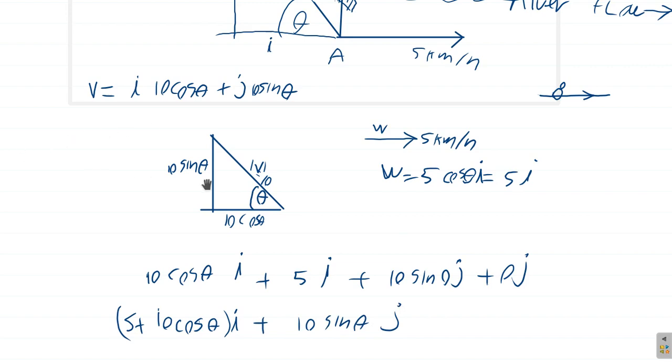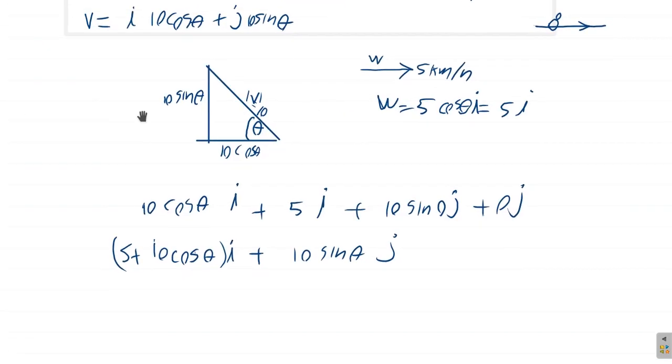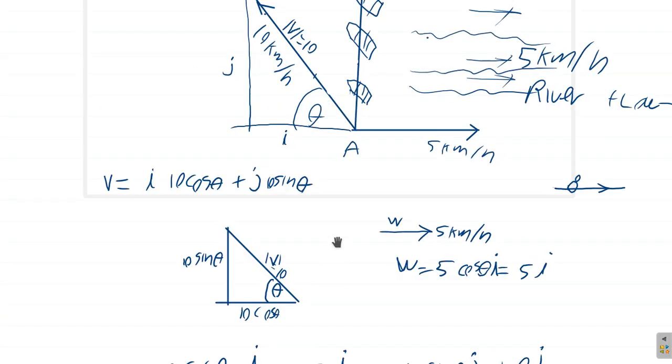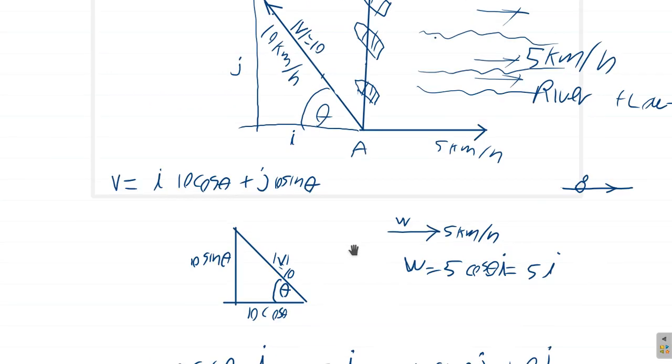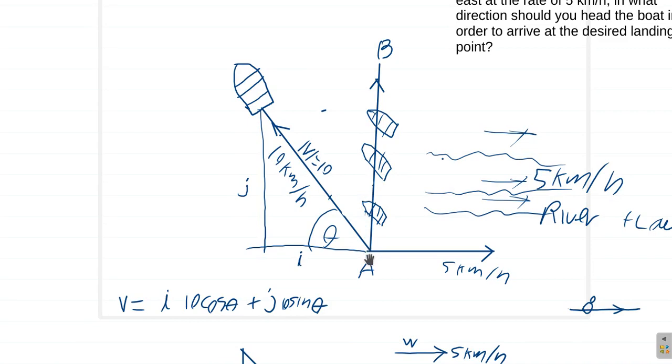Alright, so the j part shows the velocity of the boat straight across, but the i part shows the velocity of the boat horizontally. Now this part, 5 plus 10 cos theta, is supposed to be 0, because when you combine both vectors, you're not supposed to shift left or right.